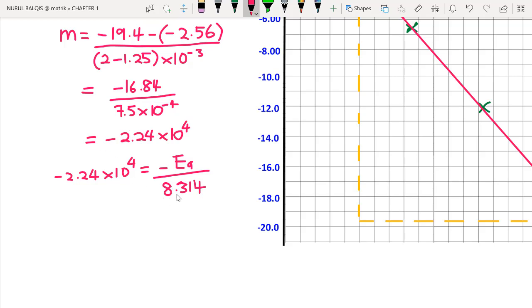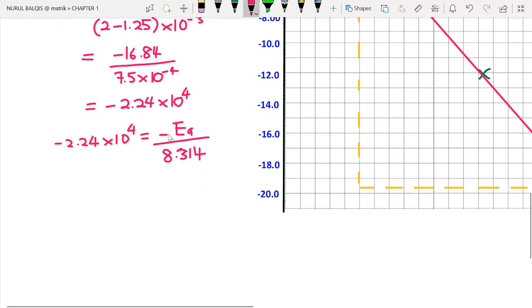So now we need to calculate this value, cancel out the negative sign on both sides, and then you will get Ea of 186.233 J per mole.